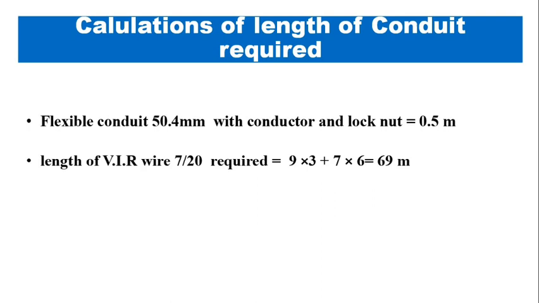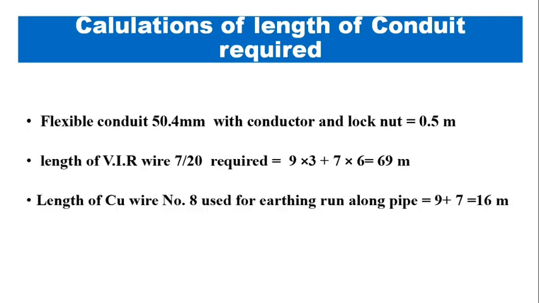Next, you have to calculate the length of copper wire which is used for earthing. You can calculate it from the total length of the two types of conduit, because the earth wire is circulated through all the conduit.